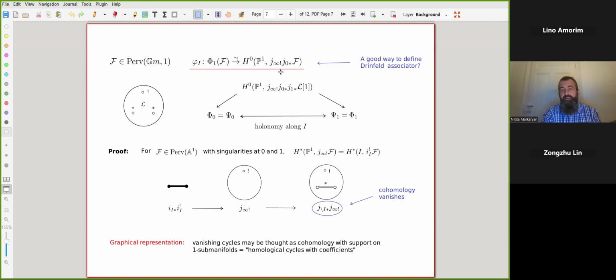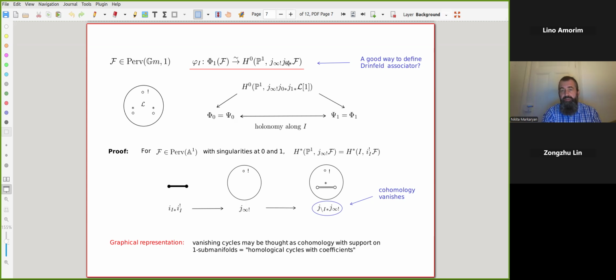In particular, let us look at this isomorphism. For example, consider the local system outside our 3 points and continue by shrink at infinity and stars to 0 and 1. This one. Then by this isomorphism, it's isomorphic to nearby cycles at 0 and nearby cycles at 1.